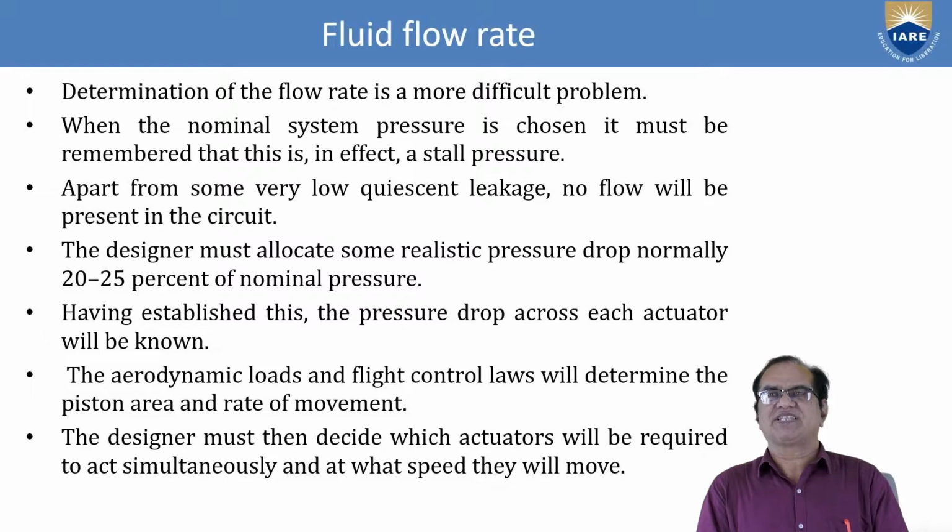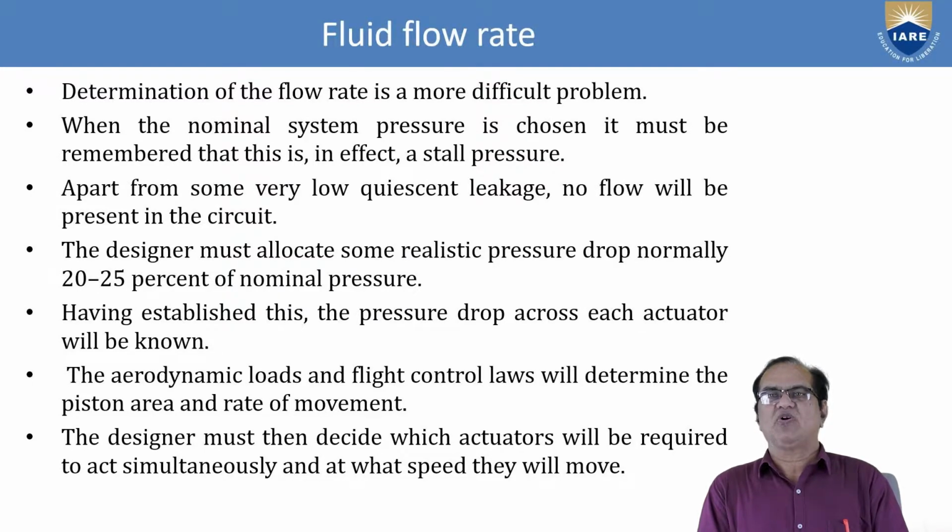When the nominal system pressure is chosen, it must be remembered that this is in fact a stall pressure. Apart from some very low quiescent leakage, no flow will be present in the circuit. The designer must allocate some realistic pressure drop, normally 20 to 25% of nominal pressure. Having established this, the pressure drop across each actuator will be known.